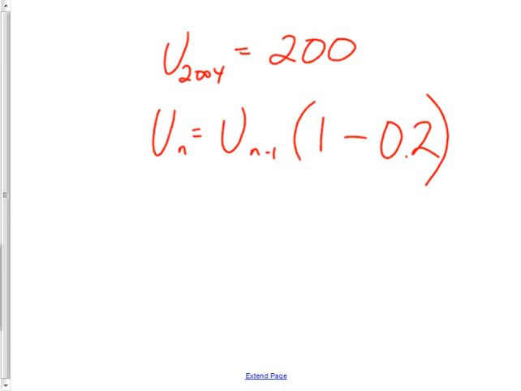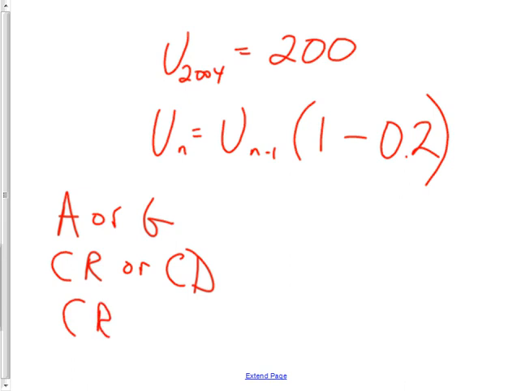Would you tell me, and we're going to do some terminology here now. Is this arithmetic or geometric? Does it have a common ratio or a common difference? What is the common ratio or common difference? And what is the rate, which is different than the common difference?